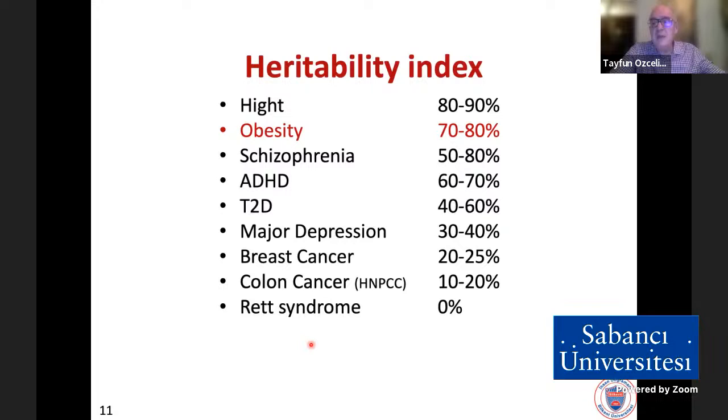Those males who inherit the Rett syndrome mutation die. And females have zero reproductive fitness, so they don't have children. As a result, all cases are due to new mutations, and the heritability index consequently becomes zero.